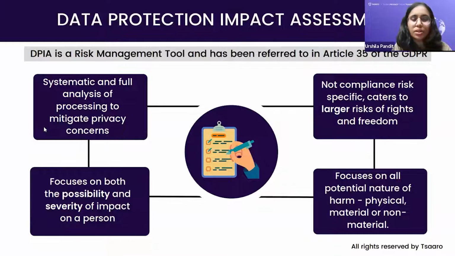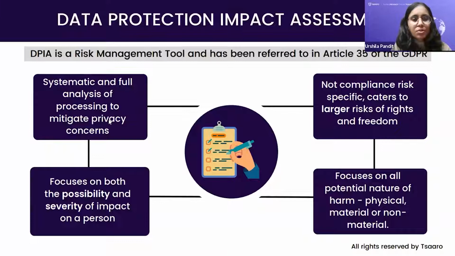So when do we actually do a data protection impact assessment, or why do we do one? A privacy impact assessment is done when there's systematic and large scale processing of personal data.